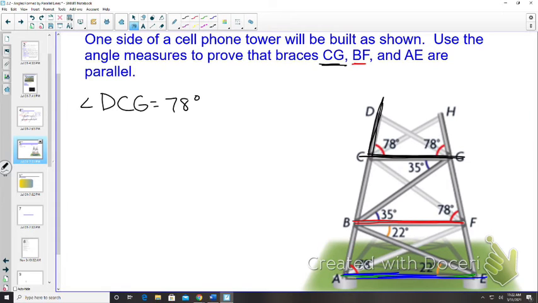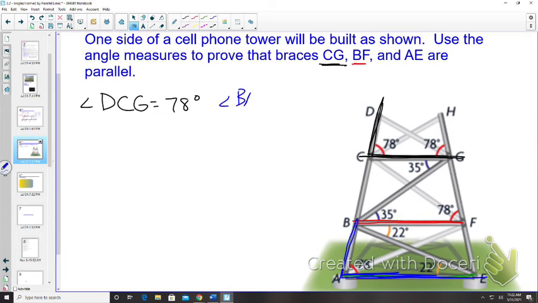And do we know any other angles that are equal to 78 degrees? Yeah, BAE. BAE has an angle of 78 degrees.